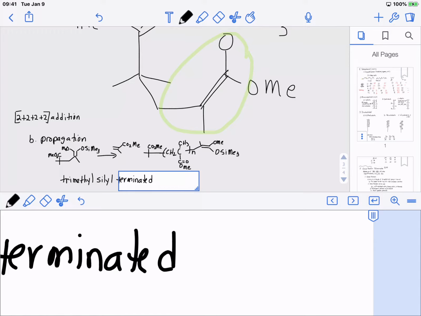And the mechanism studies show that the group transfer occurs rather than silyl group exchange. In other words, it's not that the silyl group comes off and another one comes on. That's like the case in RAFT, but here you actually get kind of an insertion.